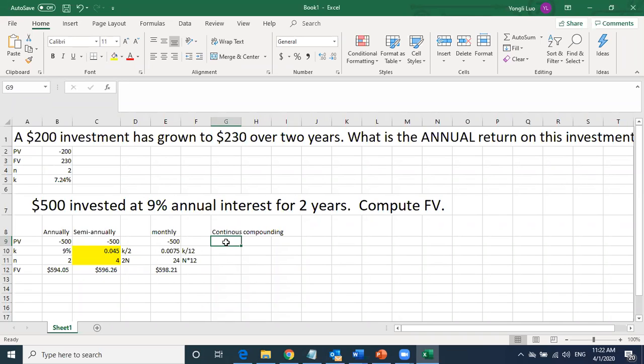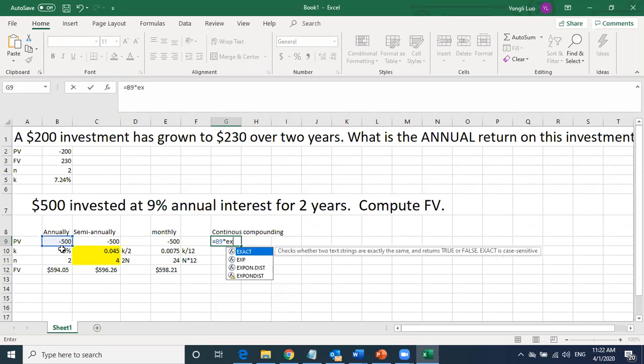In that case, the future value will be the present value times exponential raised to the power of rate times t.